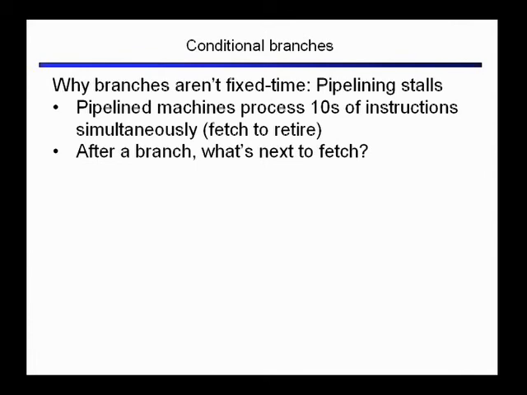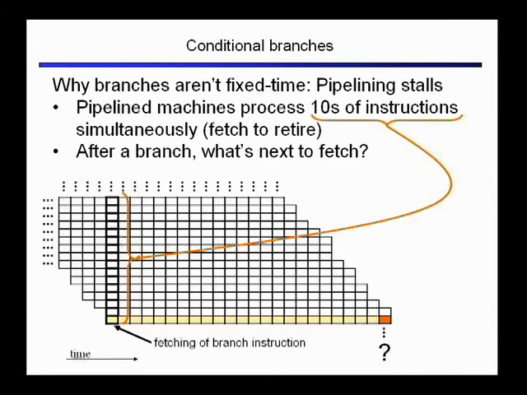So in modern machines, tens of instructions, or maybe scores of instructions, take place simultaneously, from the time that the instruction is originally fetched from the code to the time it's retired, to the time that it's done everything that it needs to do. So that works well for most instructions, but one question is, well, in the case of branches, what actually happens?